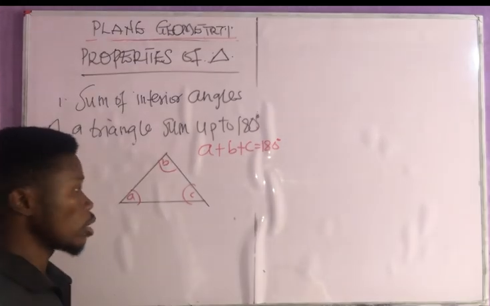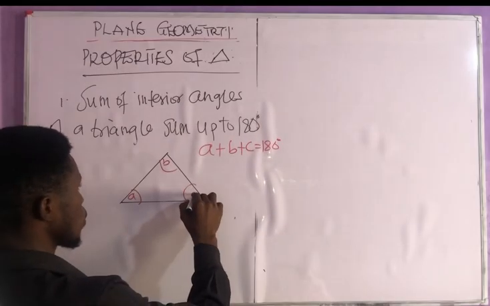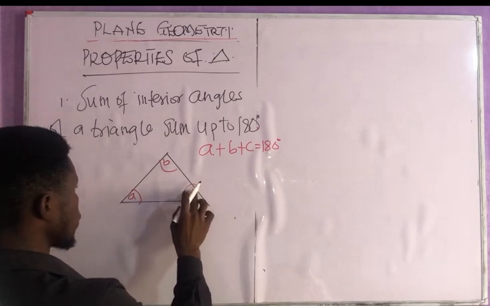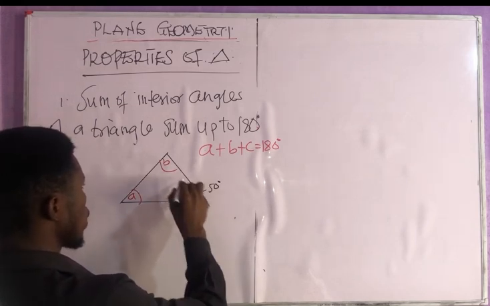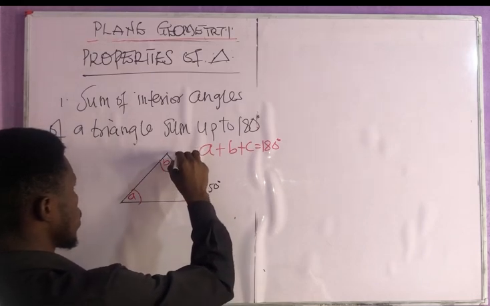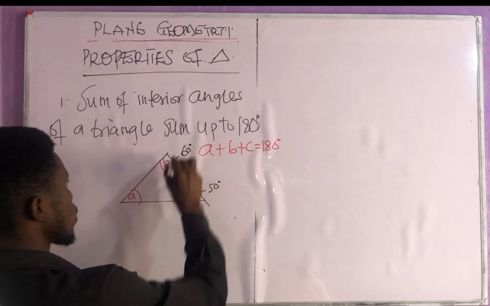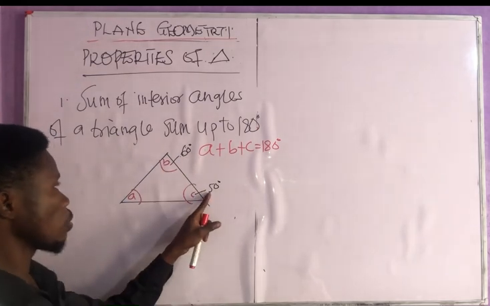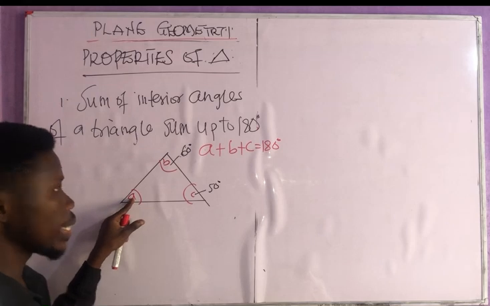Is that okay? So let's assume that in this one they are giving you the angle here to be 60 degrees and the angle here to be 50 degrees. They are giving 60 and what? 50 degrees. And you have been asked to find A.